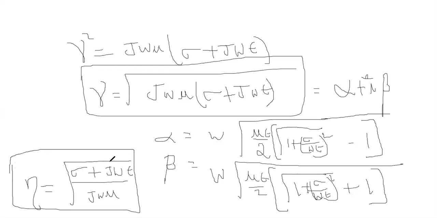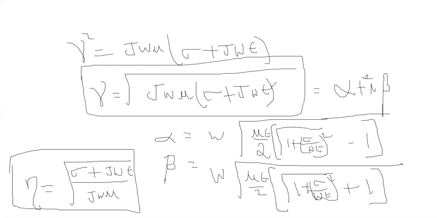Now, if I consider it as a conductor, the conductivity is very high, whenever there is a boundary between the dielectric and the conductor. So in the expression only the term sigma remains by j omega epsilon. And here also the conductivity is more, which means gamma is equal to j omega mu sigma.